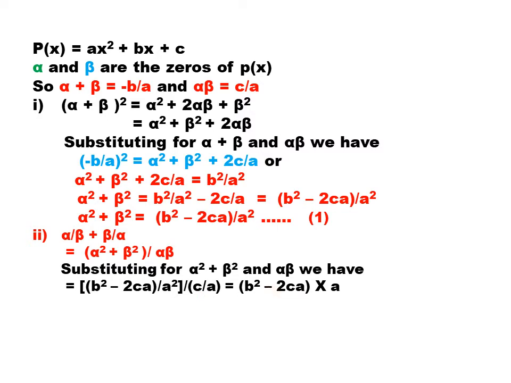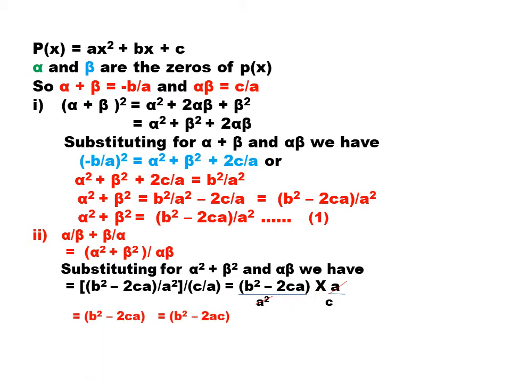So this is equal to b squared minus 2ac divided by a square into, this c by a will become a by c. So this a and a square will get cancelled and we are getting one a at the denominator.